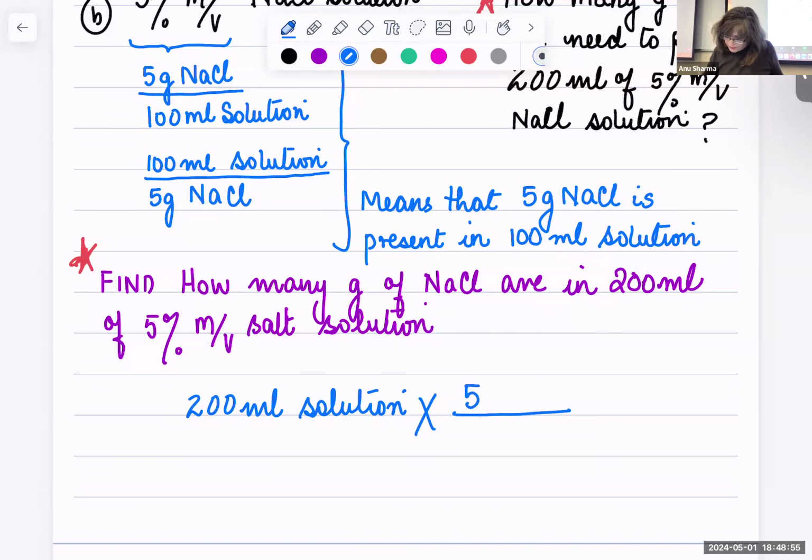So 5 grams over 100 milliliters of the solution. So that cancels out and you get the answer. Okay, so this type of question can be asked. So what is the answer here, by the way? 10 grams. Okay, so like that.